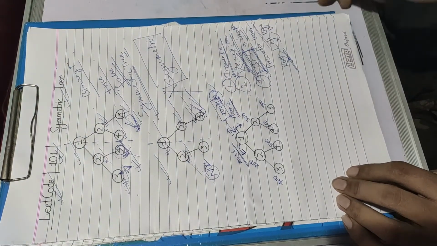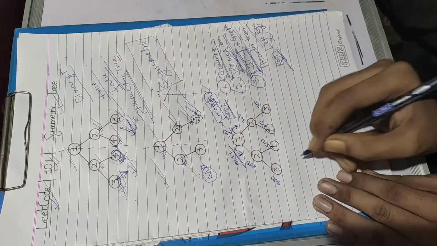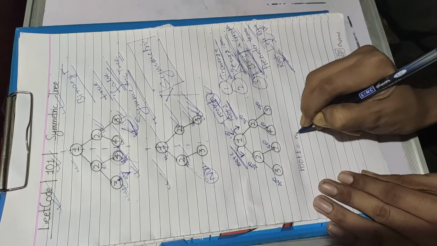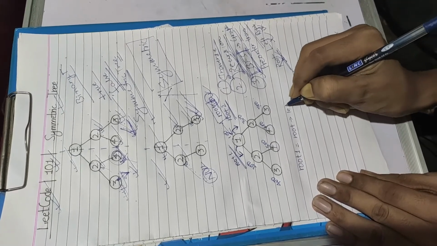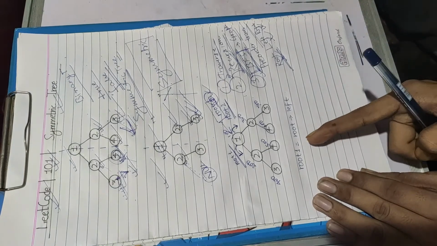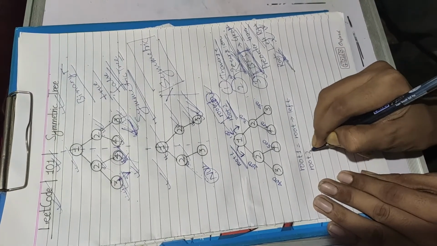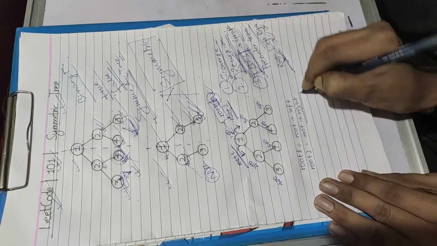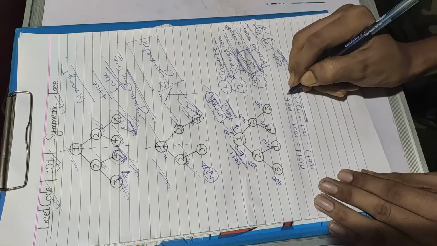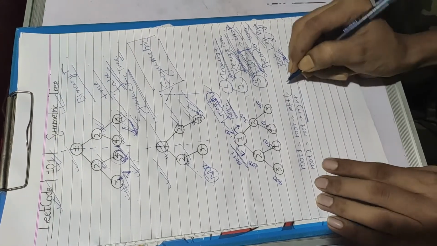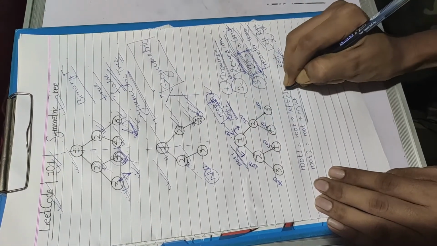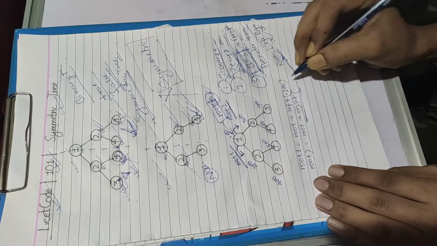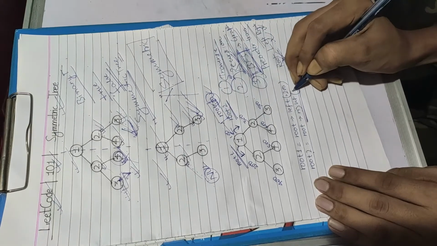So if I write it here, root 1 is equal to root left at the time of initializing, and root 2 will be root right. That is, at the starting root 1 will be this 200 and root 2 will be 300.